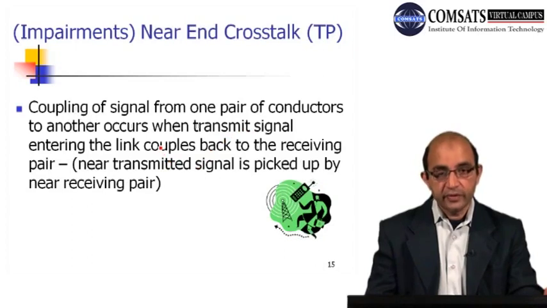So whenever we talk about voice communication by using twisted pair, the current flows from source to destination, and if we have a transceiver on both sides, they can send and receive at the same time, right?